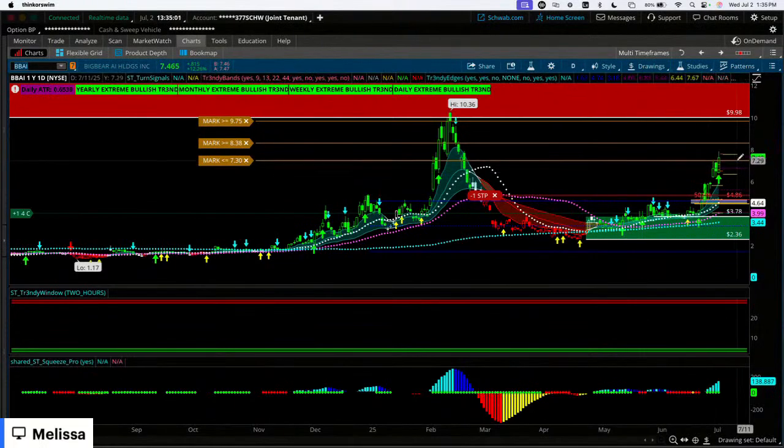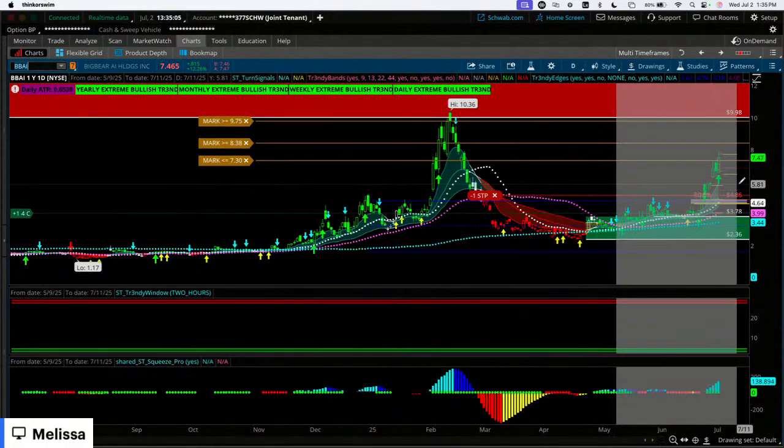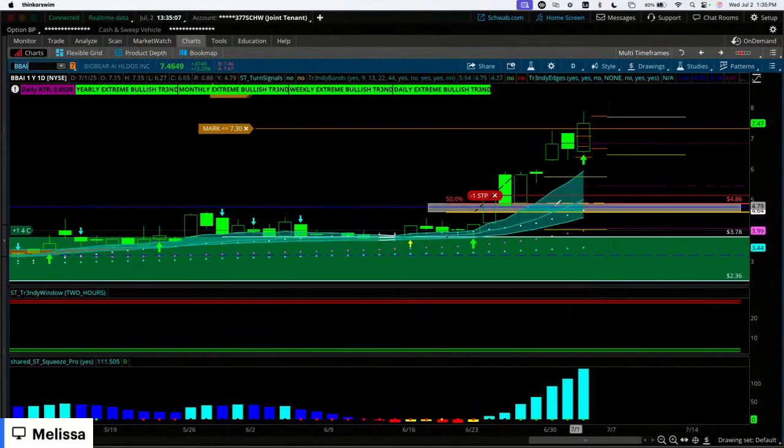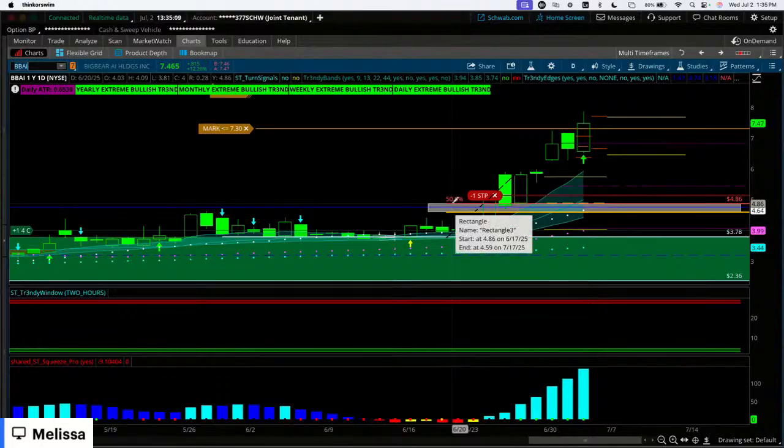I think today it's up about 200%, but I'm going to show you, and I have the golden pocket drawn here. You remember I said it has low risk? What I mean is this zone that we bought the dip on was only about 25 cents wide.